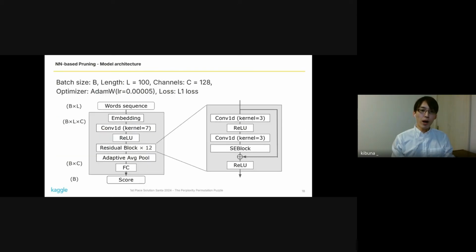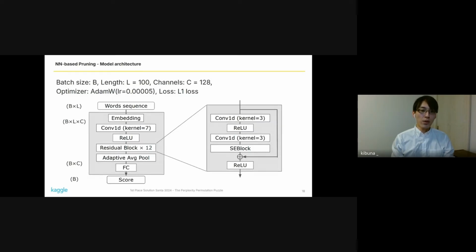Our model architecture was a one-dimensional ResNet with squeeze and excitation blocks, where input sequences were embedded, and the model was trained to minimize L1 loss against the actual perplexity. The L1 loss was chosen for its robustness to outliers, making it well suited for maintaining the score correlation.